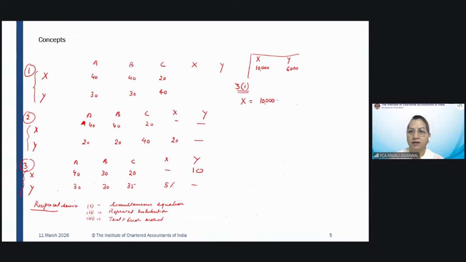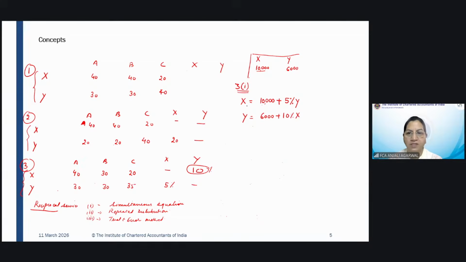It is 10,000 plus some portion of Y. How much? 5% Y. So the total from X is 10,000, which is there, plus 5% of Y. Then what is Y? Y is 6,000 plus some portion of X. How much? 10% X.